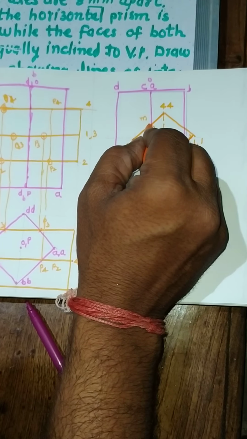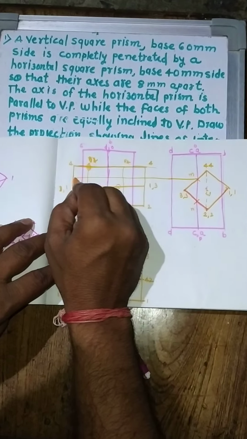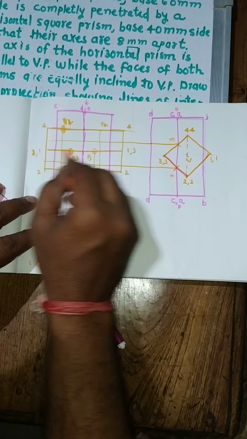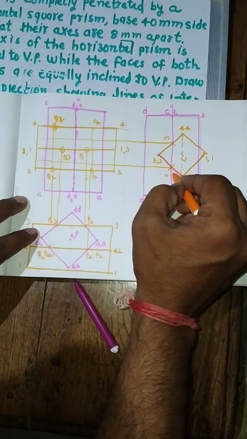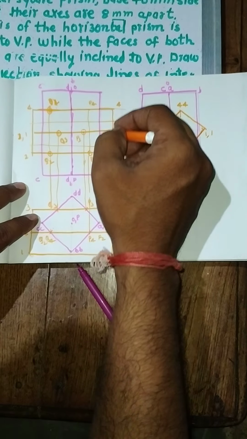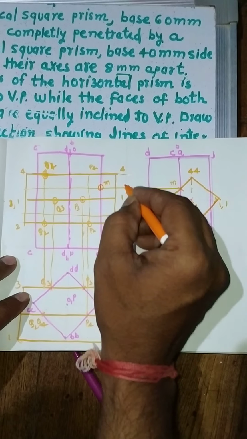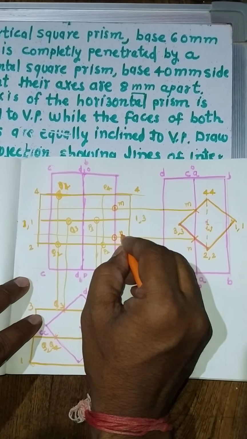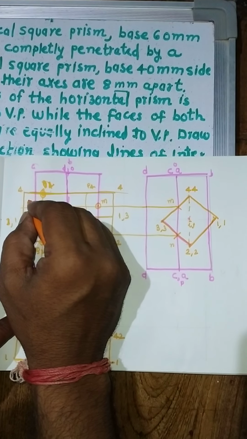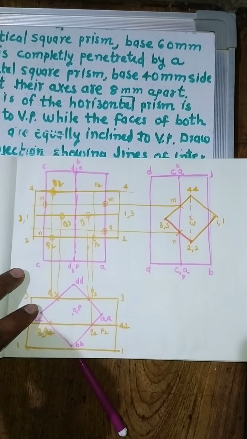So I will draw the projection line, a faint line here. Where are the points M and N lying? They are lying on CC and AA. This is AA and this is CC. I will name this as M and this as N.